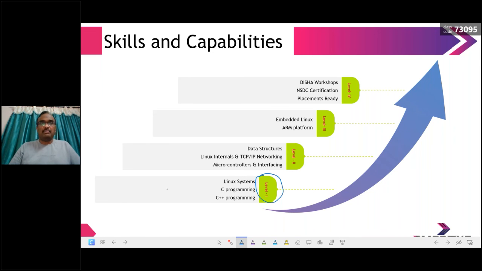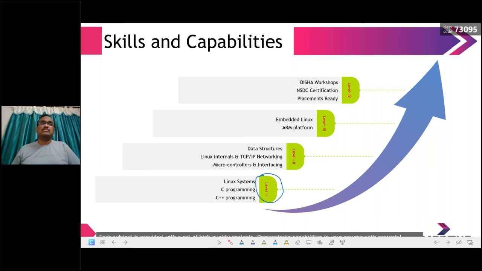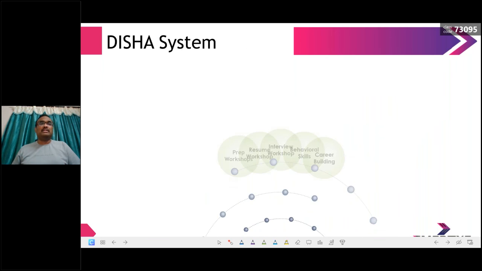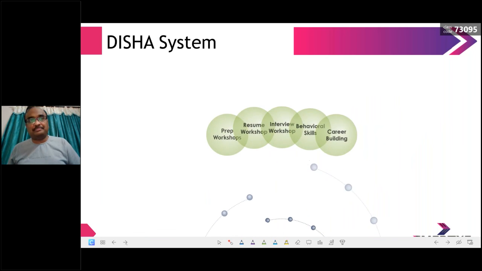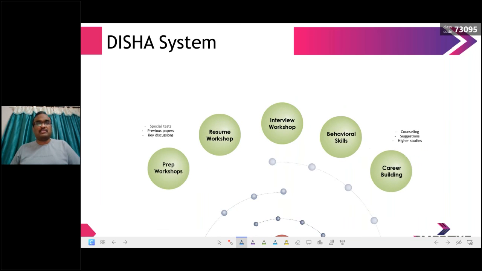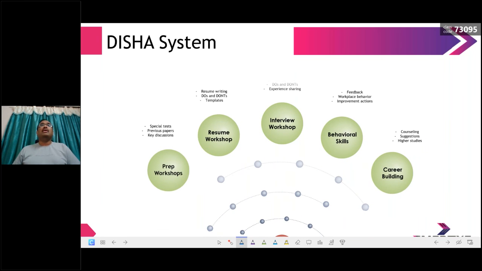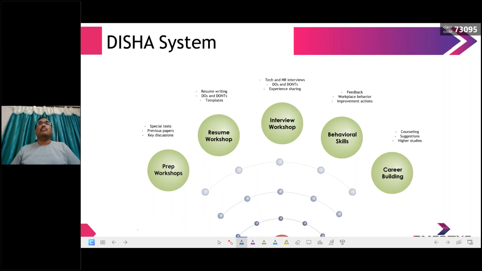So this is about the course and what skills and capabilities you will be building. And then somebody asked about soft skills and preparation activities. That's where these Disha workshops come into the picture, where we'll be conducting various workshops on resume building and interfacing, company-specific preparation that Mubin has walked you through, and then the mock interviews, and the student support team giving you counseling wherever you find it difficult.